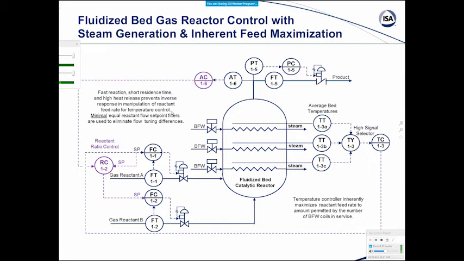And that's noticeable in a liquid vessel type reactor.